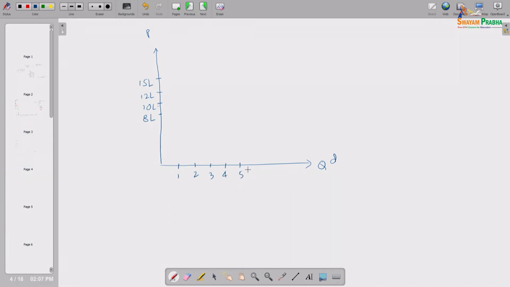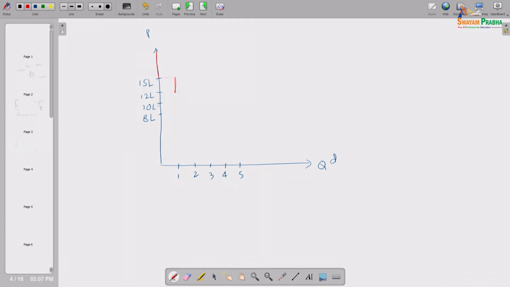How will the market demand curve be? Above the 15 lakh price, it will be the vertical axis itself, because there is no demand. But at the 15 lakh rupee, it will come to that 1 unit and continue up to 12 lakh. And at 12 lakh there is another demand, the second person also has demand.